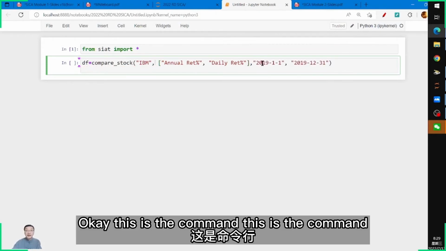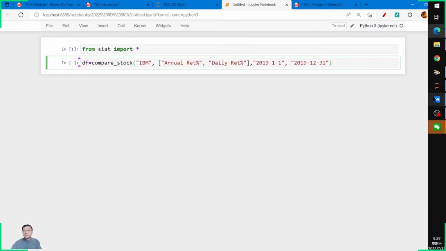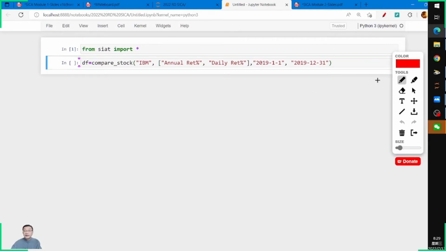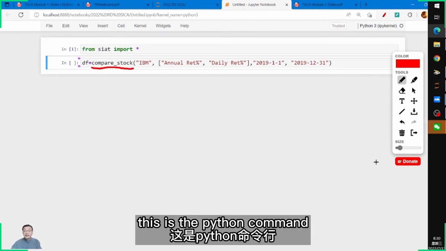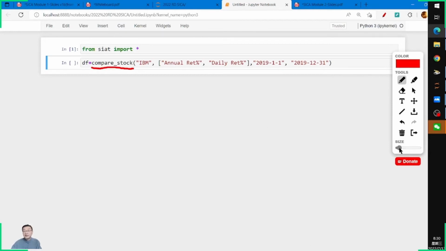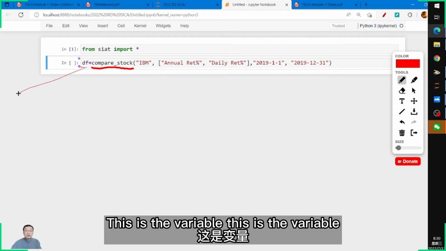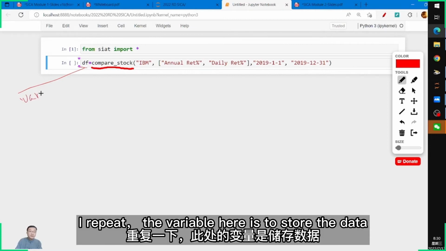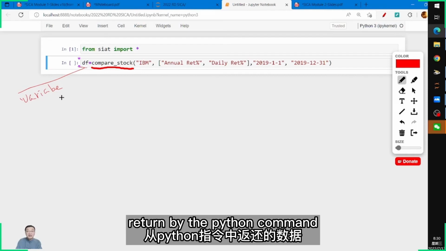Okay, this is the command. Again, this is the Python command. This is the variable. I repeat, the variable here is to store the data returned by the Python command.